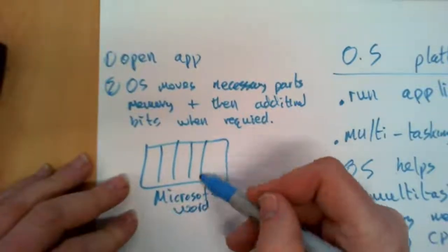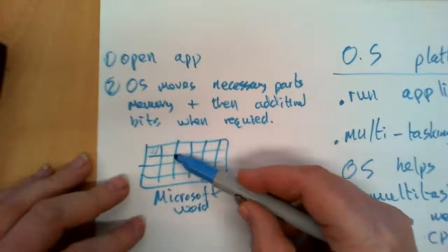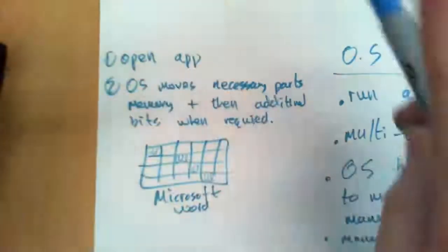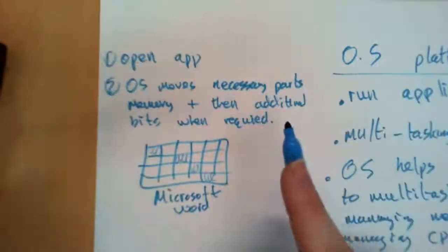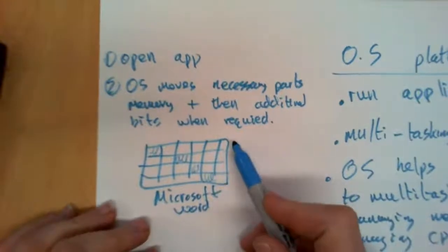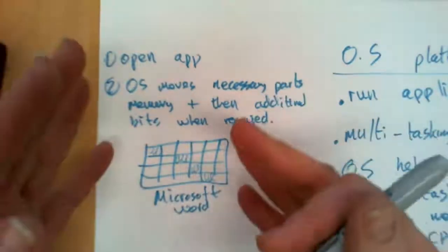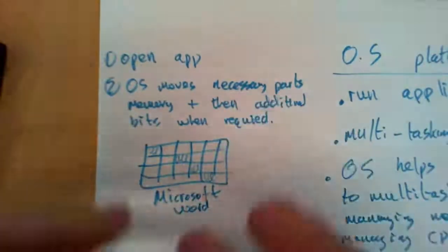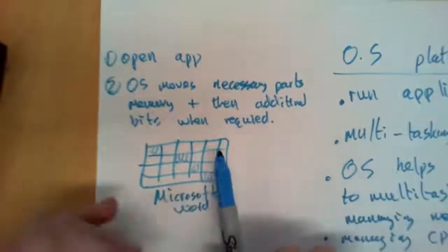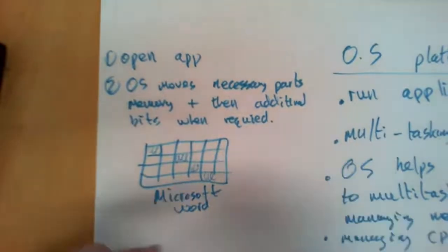It contains lots of different parts of the program, and only a certain amount of the program is necessary for it to start up and come up on your screen with the tab on the top and the ruler down the side. It's only when you start clicking on buttons that other bits are called in to do that. And the more rare the button, or the less frequently things are used, the more likely it is that they're not going to be transferred over into memory straight away. I hope that makes sense to you.